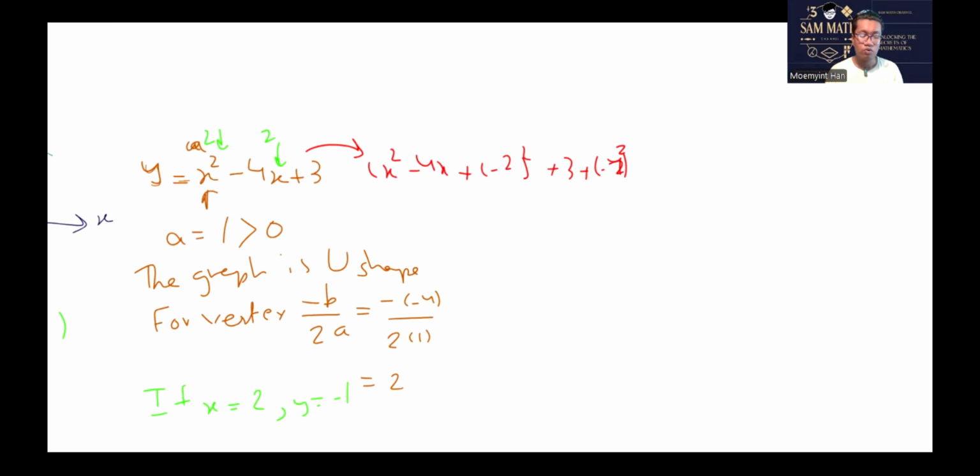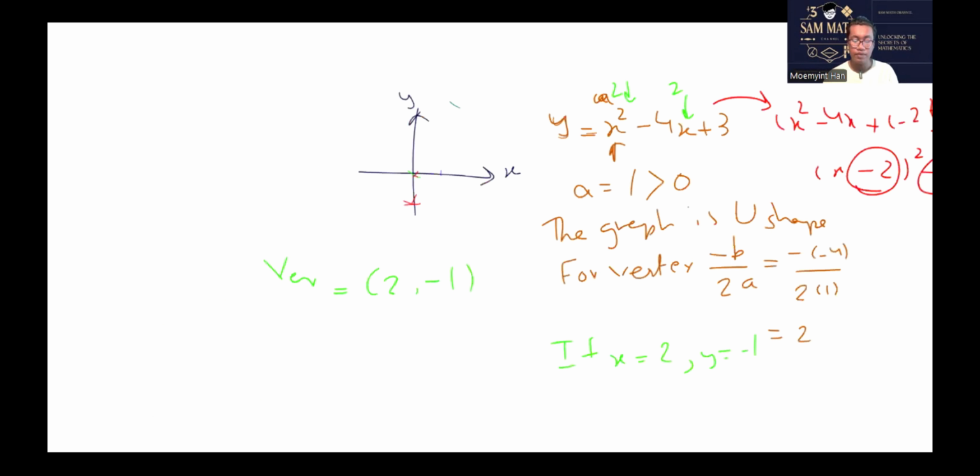So our equation will go into (x minus 2) the whole square, sorry, we're going to have to subtract this part. So it will become -1. So the y-axis value is -1, the x-axis value is 2. It means 2 units on the x-axis, -1 unit on the y-axis.